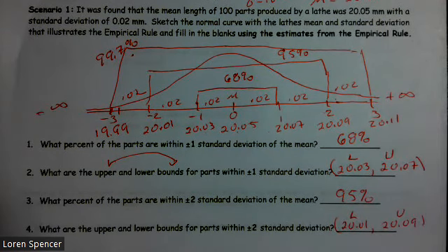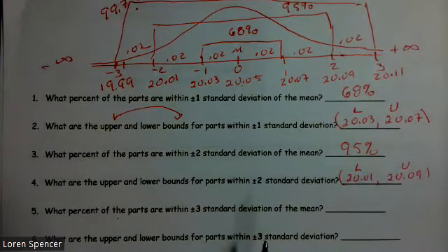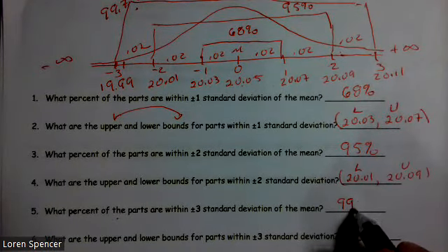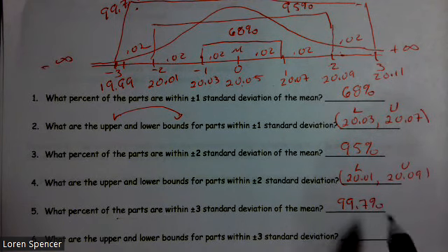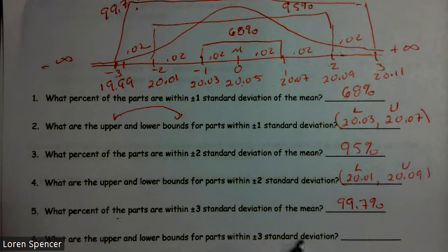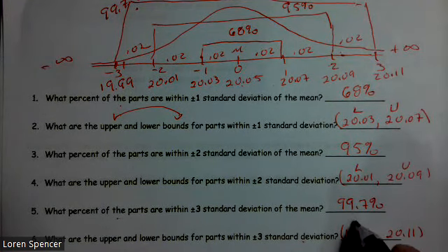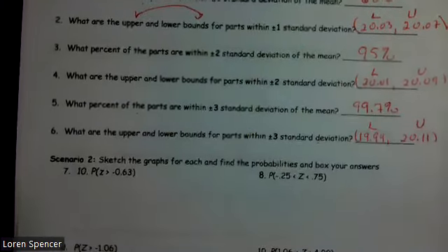And then within plus or minus 3, that's going to be 99.7%, and that will always be that. And then what are the upper and lower bounds for parts within plus or minus 3? Well, the lower bound was 19.99. Sounds like a sales commercial. And the upper bound was 20.11. We need to draw in our labels. So this is my lower, this is my upper, and that takes care of that one.